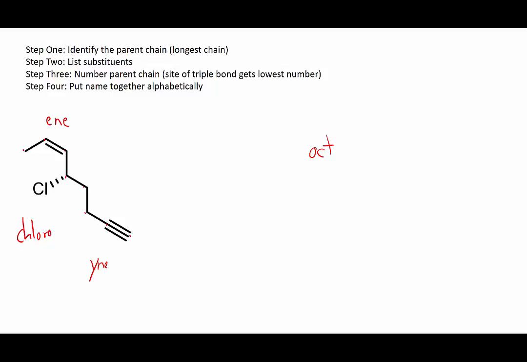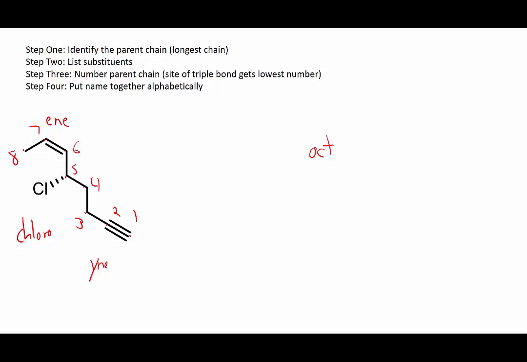The next step is to number the parent chain. In this case, we have both an alkene and an alkyne. The alkyne has the highest priority. So this is 1, 2, 3, 4, 5, 6, 7, 8. So now when we work on our name, we have to put them together alphabetically, but yne is the base here.